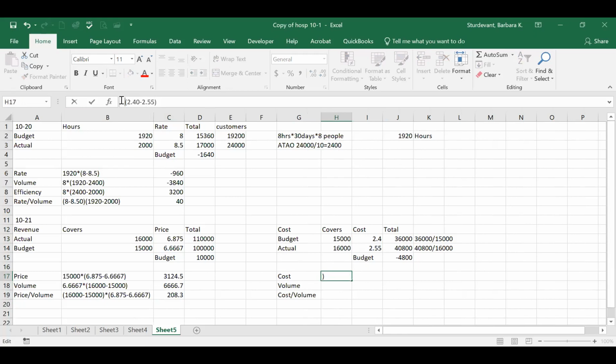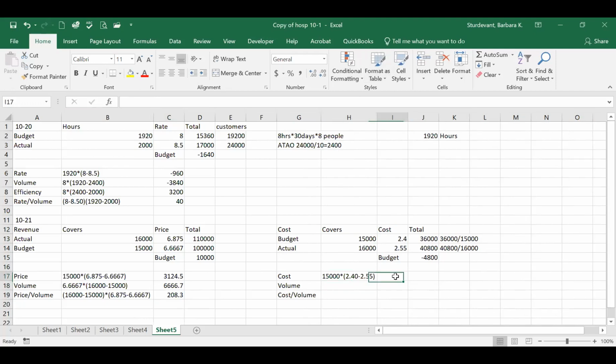And then we're going to multiply by the budgeted volume. And we know we're not going to look good here because we spent 15 cents more a meal.